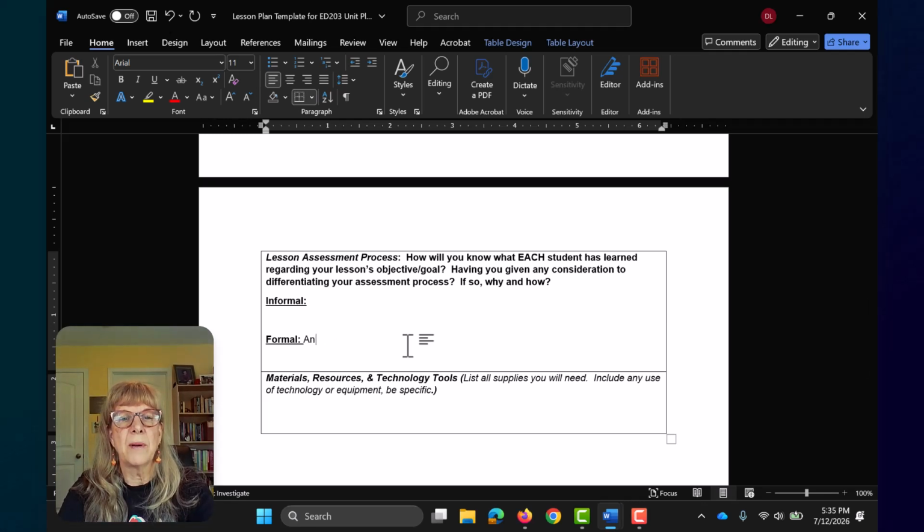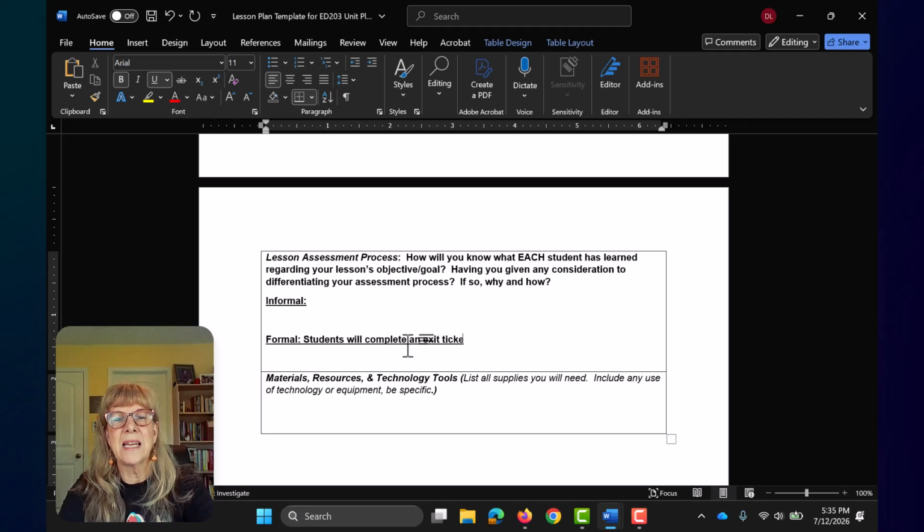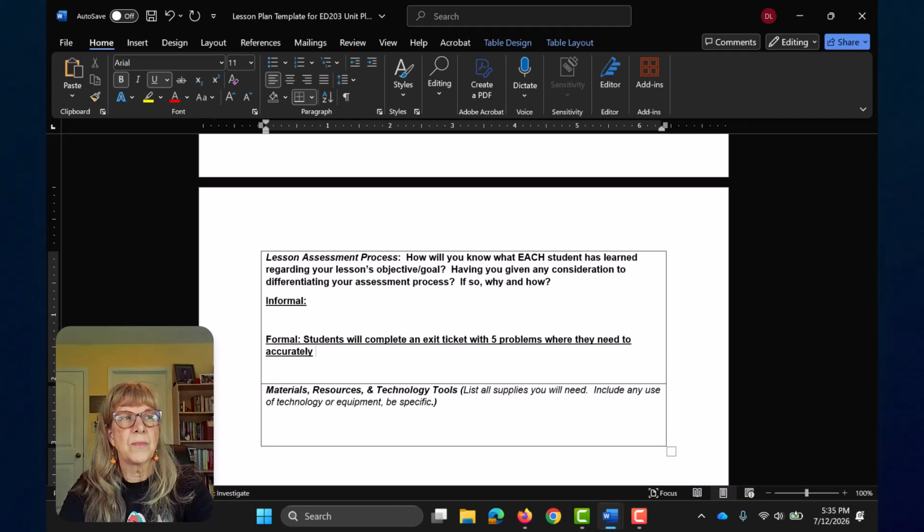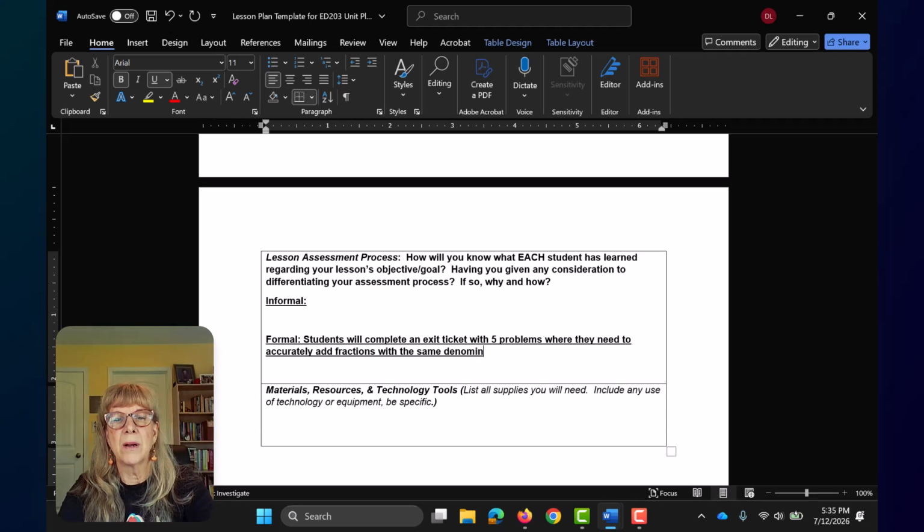Students, how would I say this? Students will complete an exit ticket with 5 problems where they need to accurately add fractions with the same denominator.